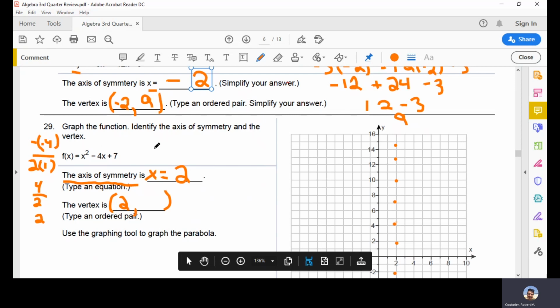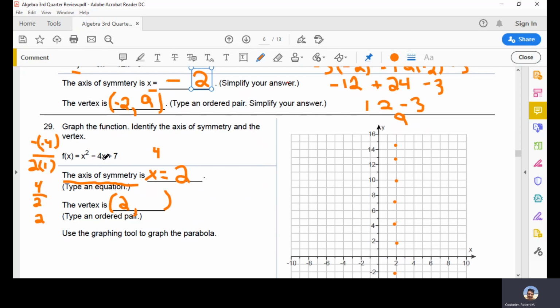So 2 squared is 4. -4 times a +4 becomes -16, plus 7. All right, so it doesn't matter how you do it. If you can do it in your head, great. 4 minus 16 plus 7 equals -5.